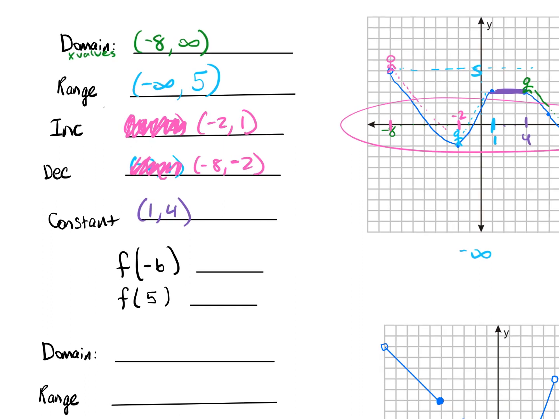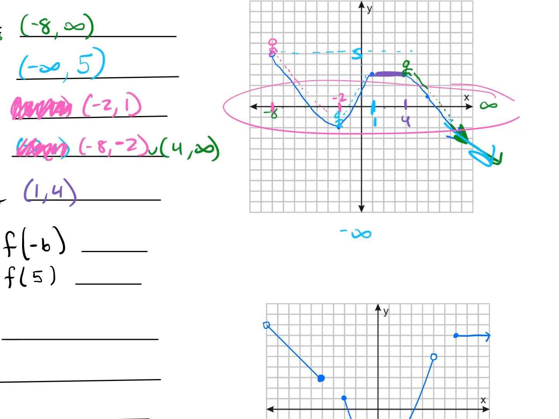Since I'm walking downhill, that would be decreasing from 4 to infinity, because we're going forever in the right direction. We're only looking at x values here. A lot of people think that since the arrow's pointing down, we go to negative infinity because we're going downhill, but we're only looking at the x values. We're going to the right. Our x value to the right is infinity. So be careful with that.